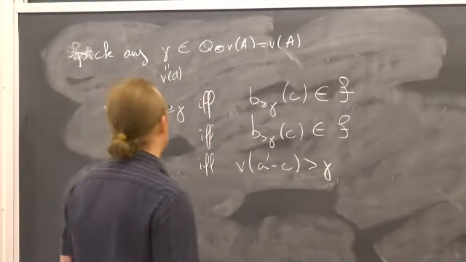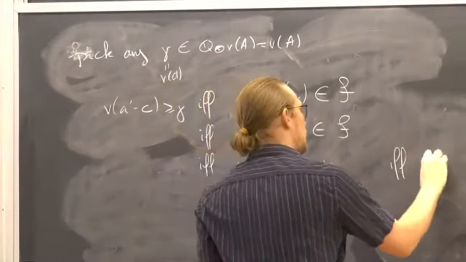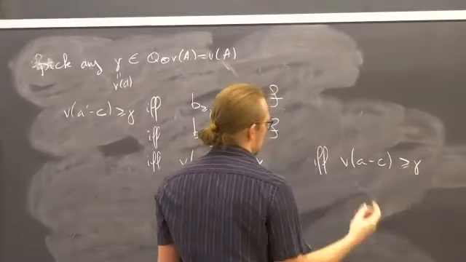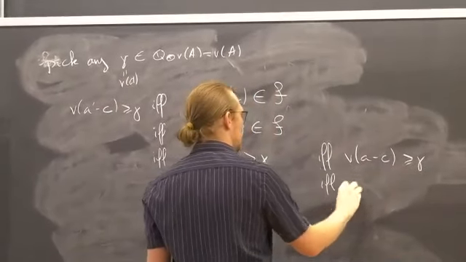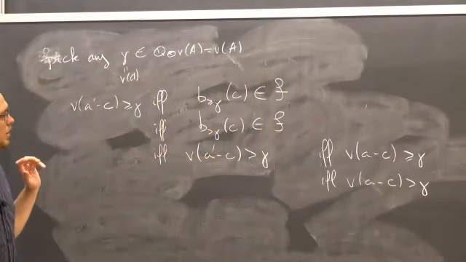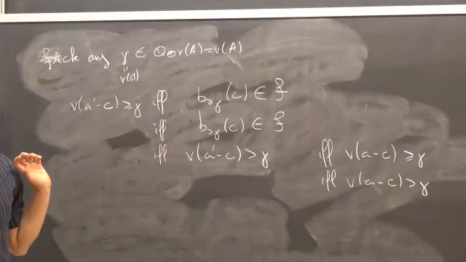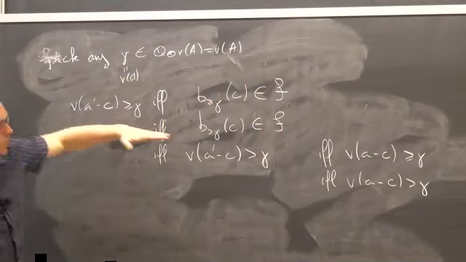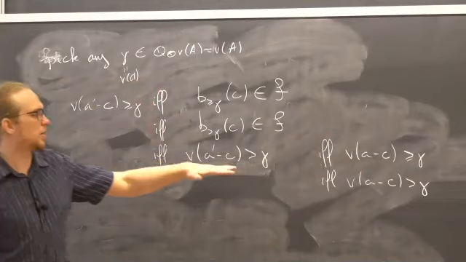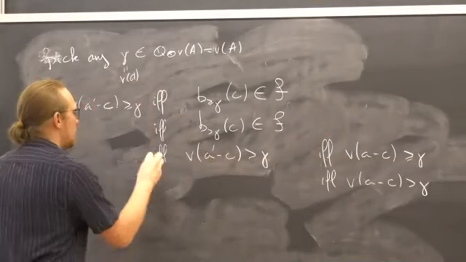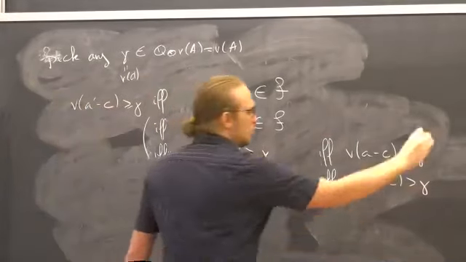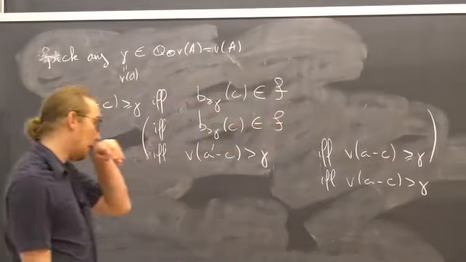So this is also equivalent to V of A minus C greater or equal to gamma if and only if V of A minus C strictly greater than gamma in F. So they have the same cut, and it can't be equal to A. This part we already proved, we already took care of.